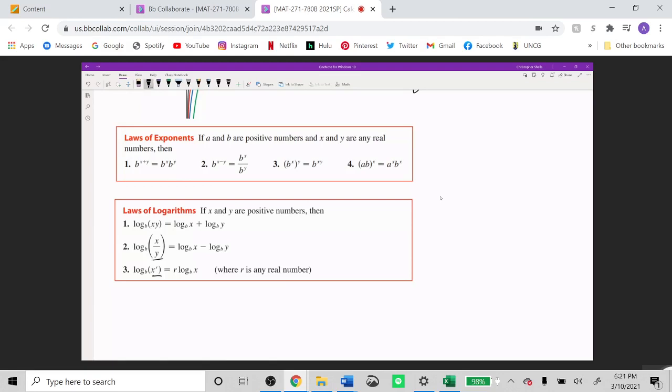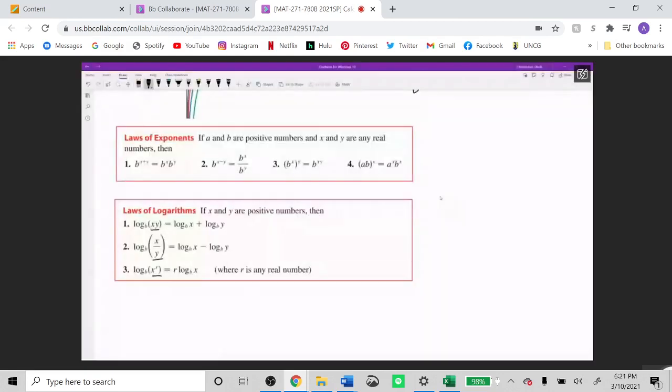So this takes multiplication and reduces it to addition. This takes division and reduces it to subtraction. And it takes exponentiation and reduces it to multiplication. Does that make sense?